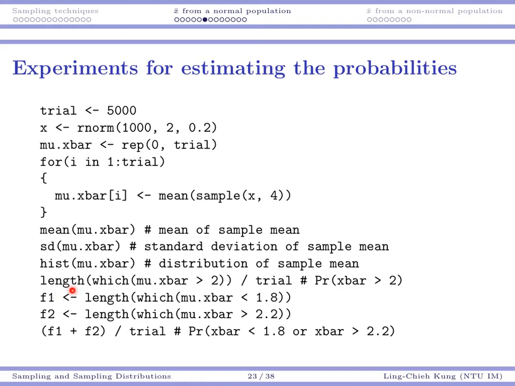And then I ask how many we have. That number divided by the total number is an estimate of that probability. And then I may also calculate the probability for my mu x bar to be less than 1.8 or greater than 2.2. The sum of those two probabilities will be my probability of being punished.